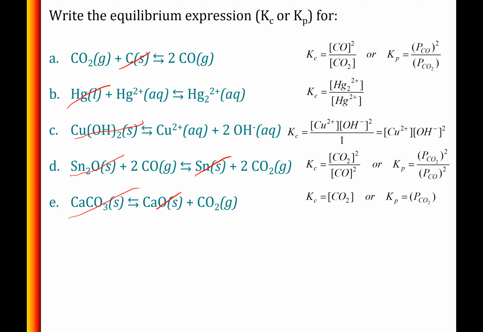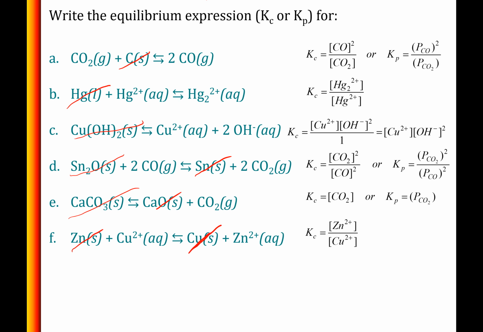And it's also a gas, so we can write Kp is equal to the pressure of CO2. Okay, next one. So we have zinc solid plus copper ion, giving us copper solid and zinc ion. So a nice redox equation. Okay, so we can omit zinc solid, we can omit copper solid. So our Kc expression is just zinc ion over copper ion.